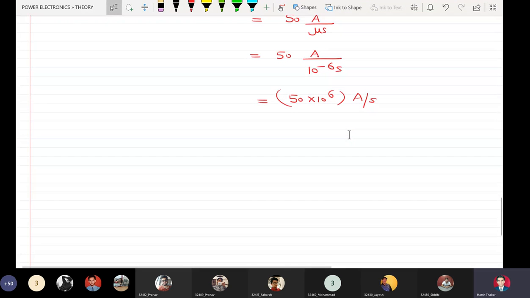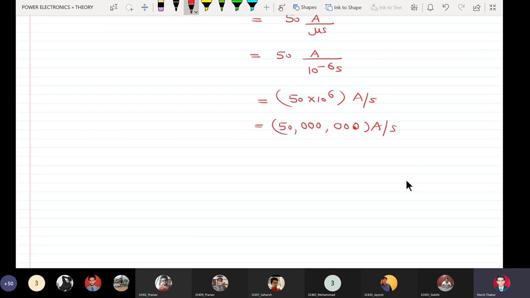That means I can allow the anode current to change by 50 million amperes in 1 second. This is almost equal to 50 followed by 6 zeros: 1, 2, 3, 4, 5, 6. Okay, so many amperes per second. I do not think any electrical supply will be able to generate this kind of a surge across an SCR.